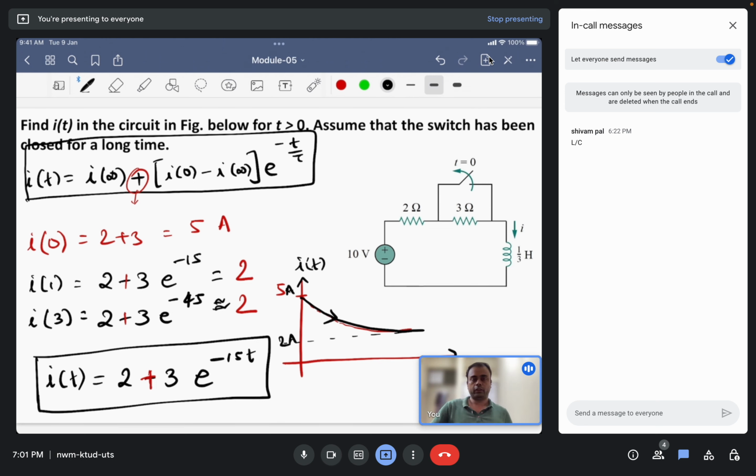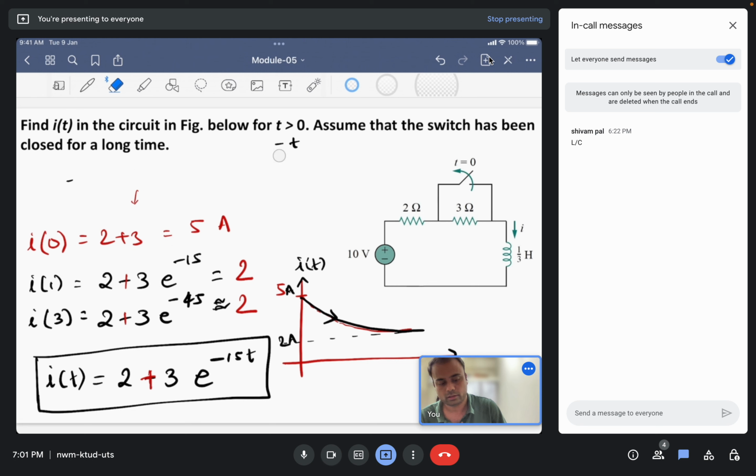So that was all for today's class. We have looked at the RL and RC circuits with and without sources. In the next module, we'll look at the second order circuits, that is R, L and C. What will be the waveform when we have a resistor, inductor and a capacitor connected either in series or in parallel?